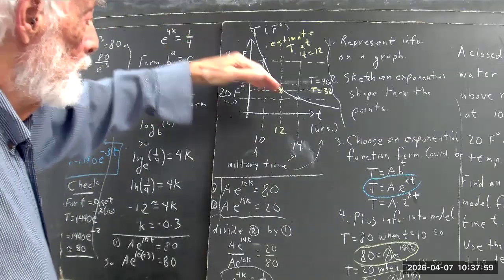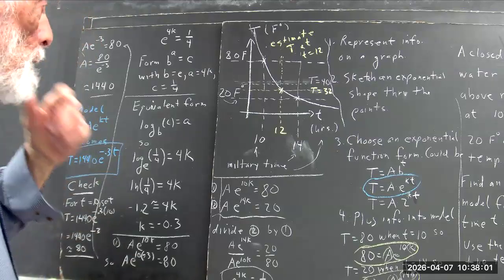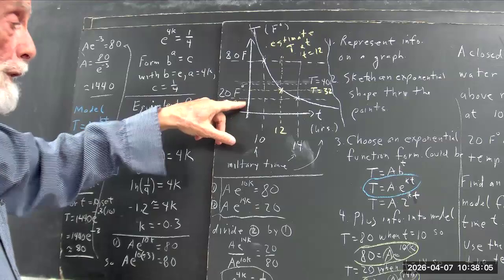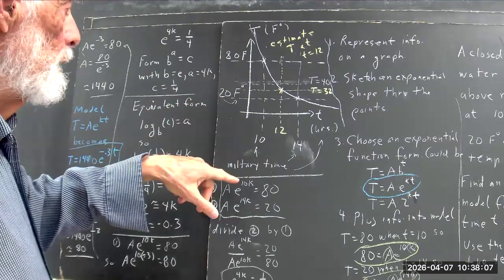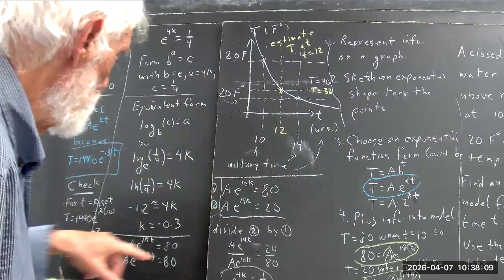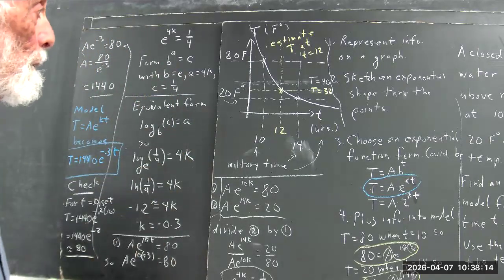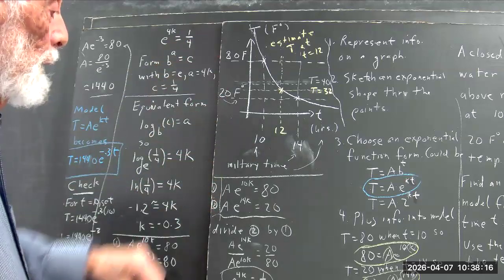Okay. It's a little too abrupt. And it did pretty well agree with the 20 degrees Fahrenheit. If I plug in t equals 14, I get something very close to 20, 21 point something. You can check your model in that way.